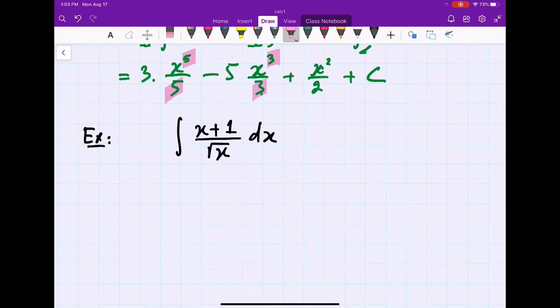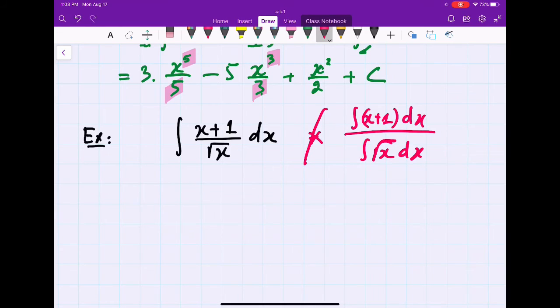We don't have any quotient rule for integrals. It is the wrong approach to just separate x plus 1 on the top, dx, and then divide by the integral of the square root of x dx. We know how to evaluate each one, right? But that is wrong. Okay, that is the wrong approach.